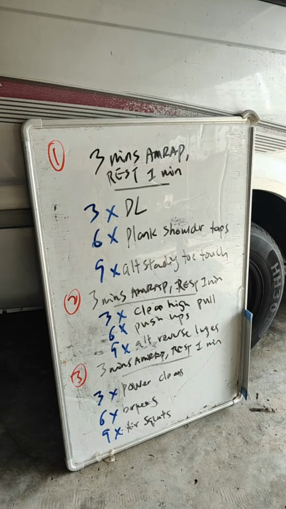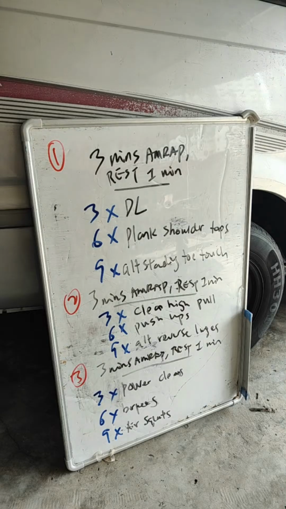Then finally, we come to part number 3, the final part of the workout. Same time domain, 3 minutes, as many rounds as possible, AMRAP, with the same exact rep schemes, which is 3, 6, and 9.